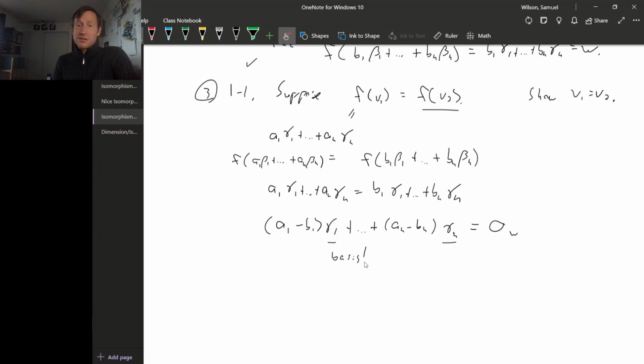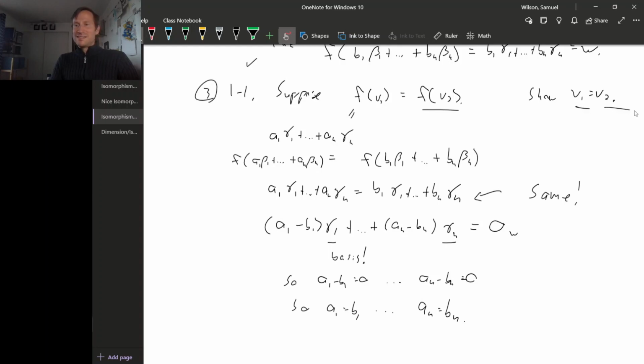So in particular, they're linearly independent. And that means that this linear dependence relationship has to be the trivial one. So a1 minus b1 has to equal 0, and so on, down to an minus bn has to be equal to 0. And that means that a1 has to be equal to b1, and so on, down to an has to be equal to bn. And that means that these two inputs are actually the same.